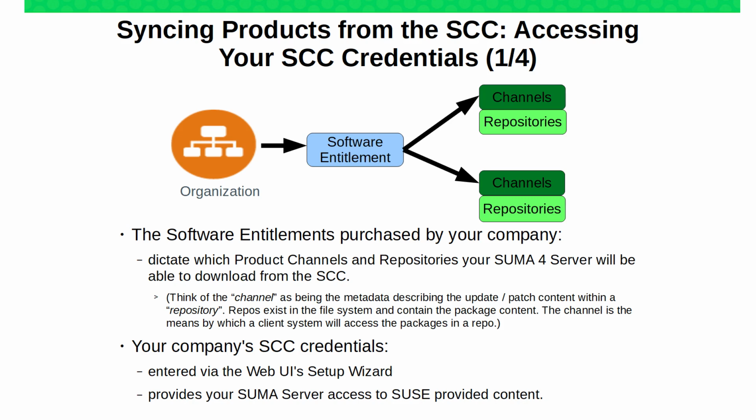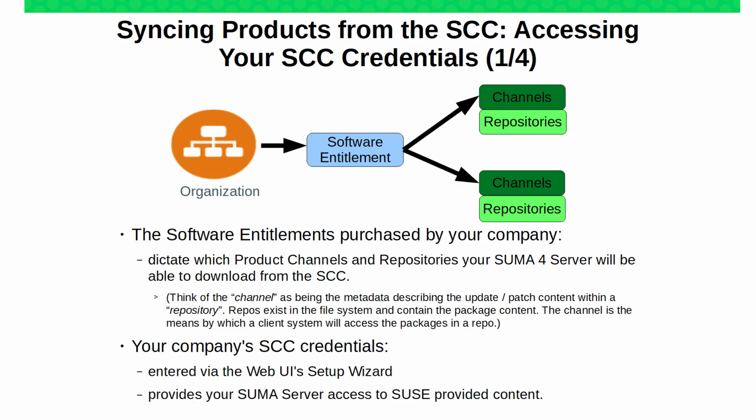A channel is the metadata that describes the content you want to sync down to your SUMA server. This metadata describes the actual patch and update files that ultimately get downloaded to your SUMA server. The channels are the means by which the packages are accessed from the repository.